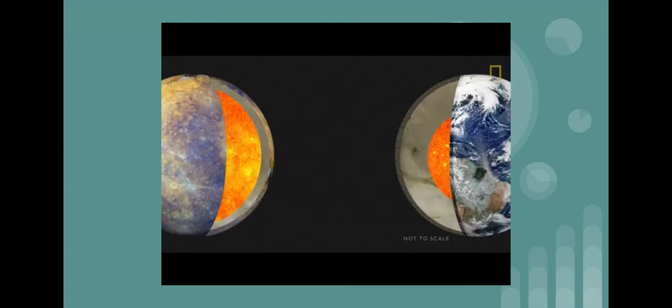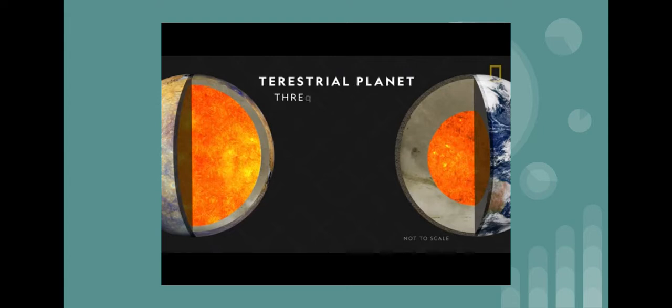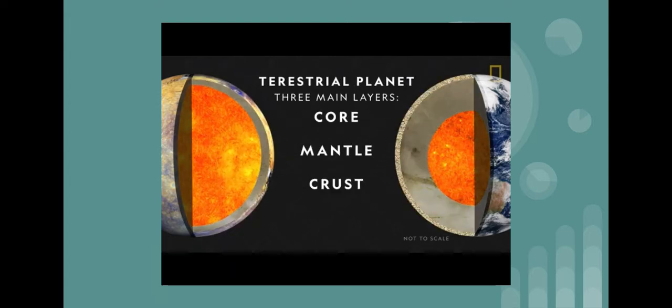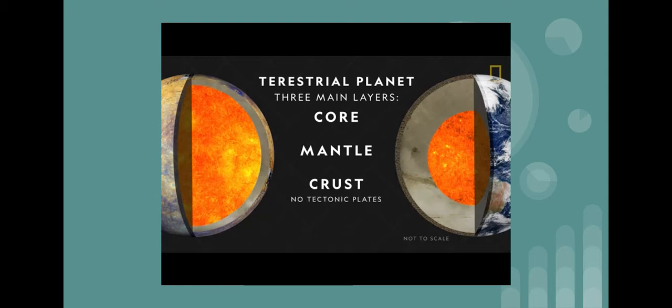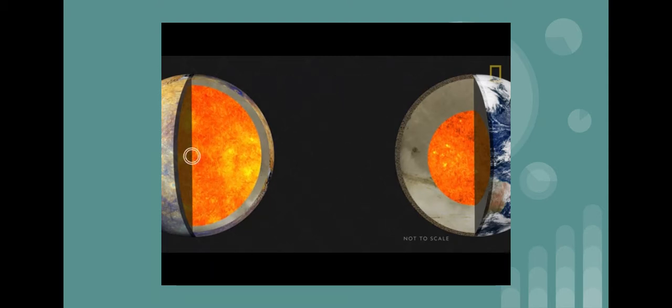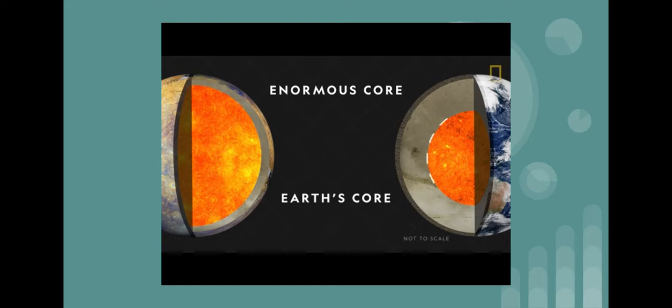Like Earth, Mercury is a terrestrial planet with 3 main layers: a core, a mantle, and a crust. Only Mercury's crust has no tectonic plates. Also, its iron core is enormous by comparison, making up 85% of its radius, while Earth's inner and outer core account for just 55%.